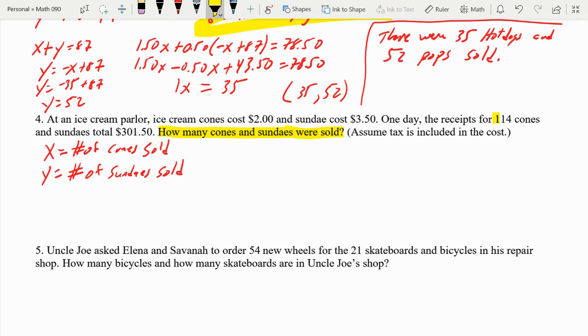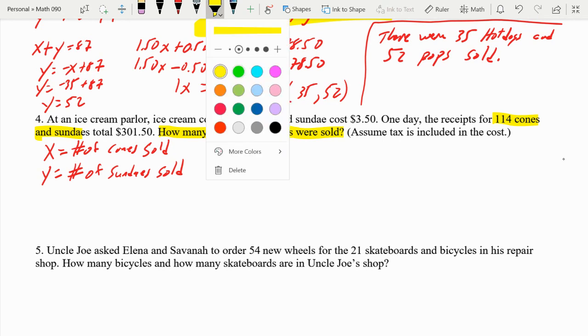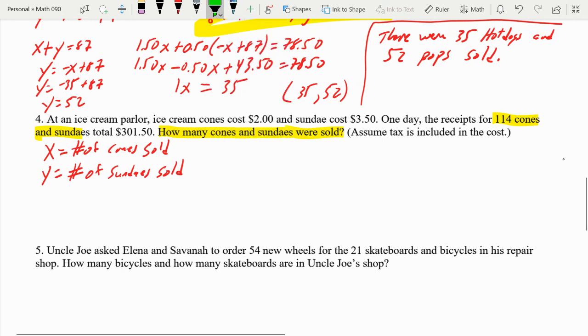Well, there's a total of 114 cones and sundaes. And here's another total. Let me make it a different color so it stands out. There's another total right there. So that's what we're looking for. We're looking for totals.